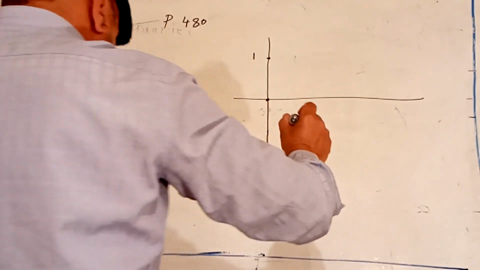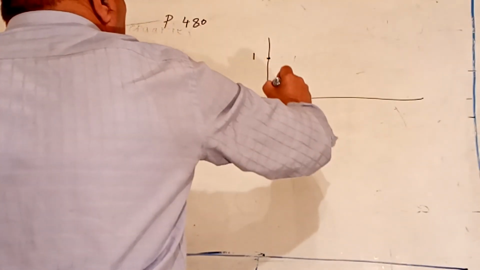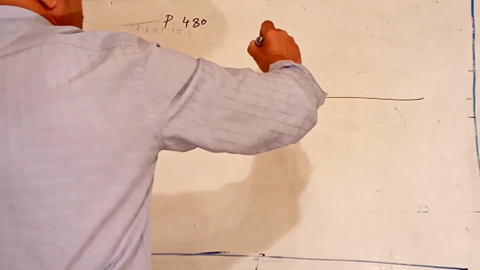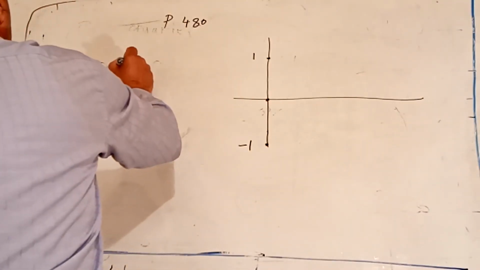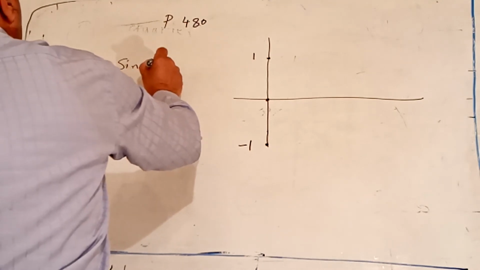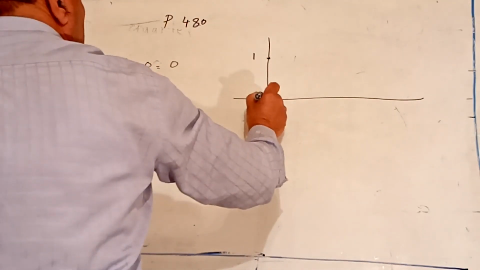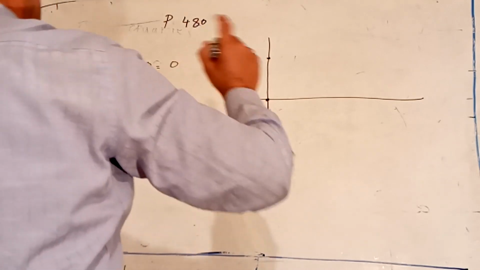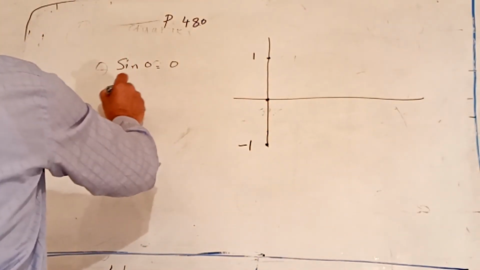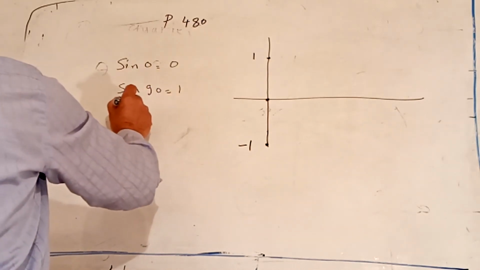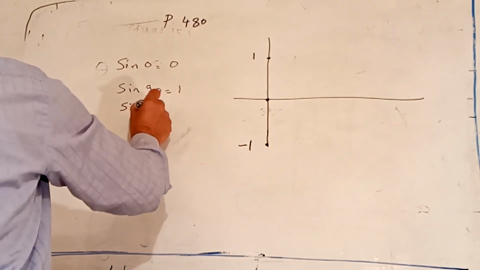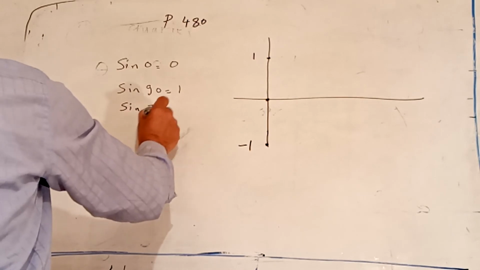Okay, for example, it's a wave. Sine 0 equals 0. At this point here, its angle is 0, but it starts to increase. At 90, sine 90 equals 1, where 90 is pi over 2, and pi is 180.